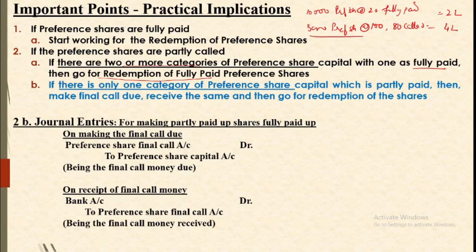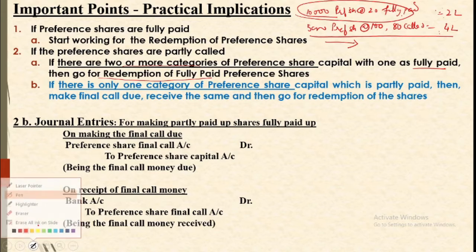Your question says that preference shares are due for redemption but doesn't specify the category. Out of the two options, we'll go for the category which is fully paid, because as per rule only this can be redeemed. If you have more than one category, the fully paid one will be redeemed and the remaining will be left as it is.